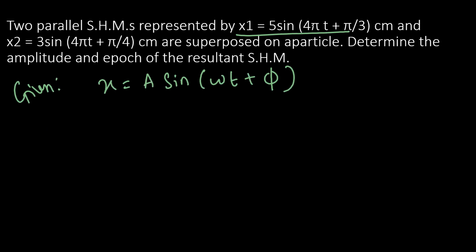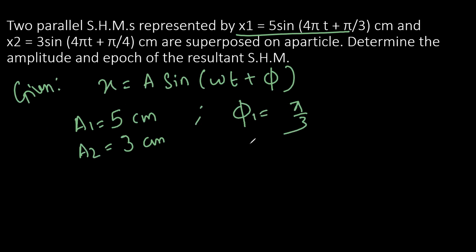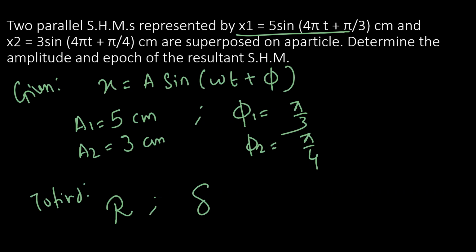So if you compare, what is your a1? A1 is 5, and what is your a2? A2 is 3. Both are in centimeter. And phi 1 is pi by 3, and phi 2 is pi by 2. These are the keys. What we need to find is the resultant amplitude and the epoch of the resultant section. We need to find the phase. So let's find it.